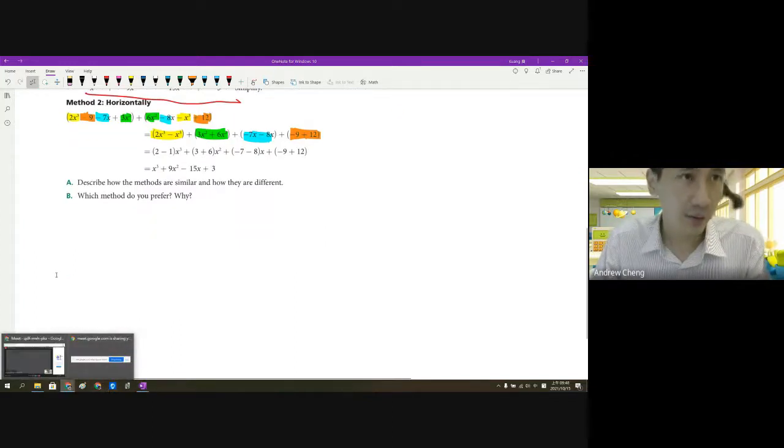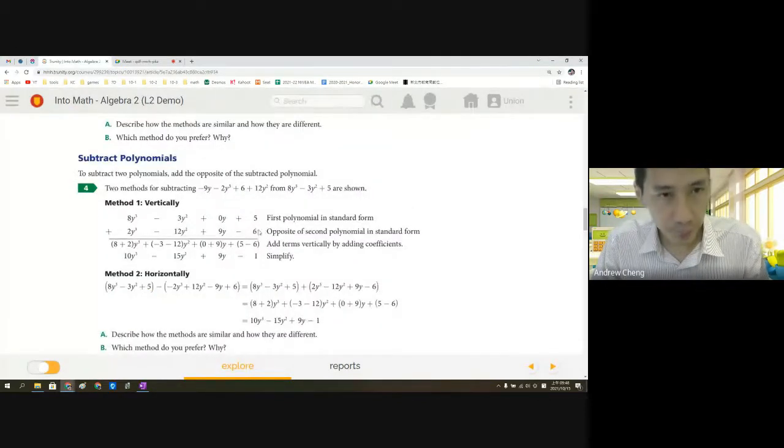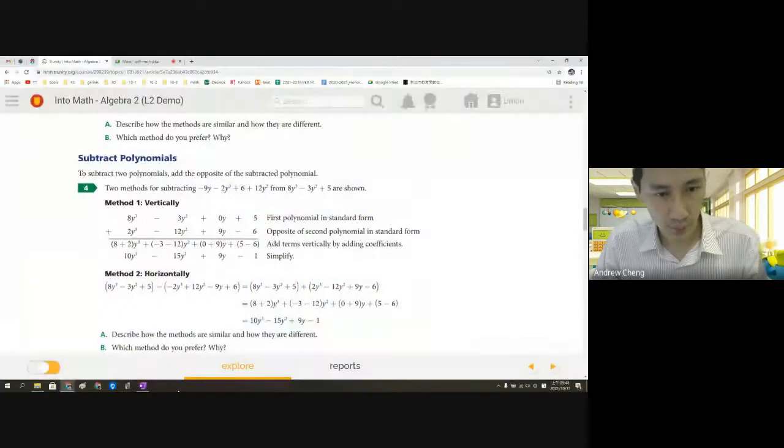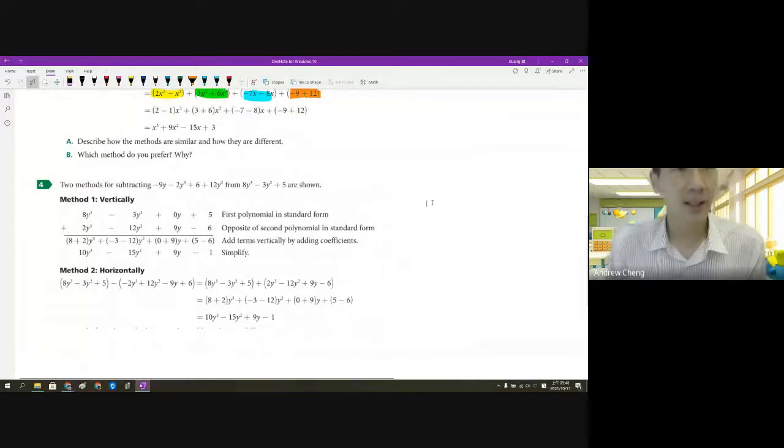So let's have a look at subtraction, right? For subtraction, you do the same thing. Vertically, the method uses plus instead. But if you use plus, you have to change the sign of all the terms here.